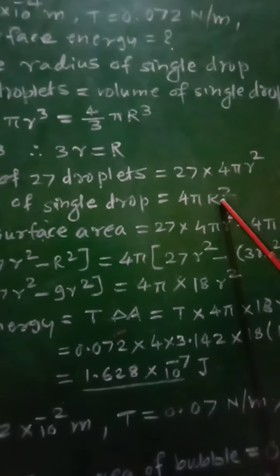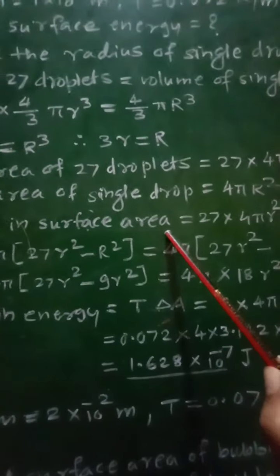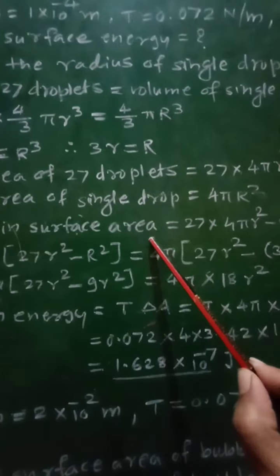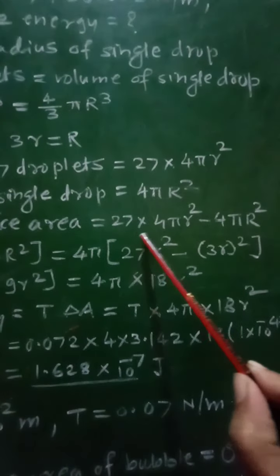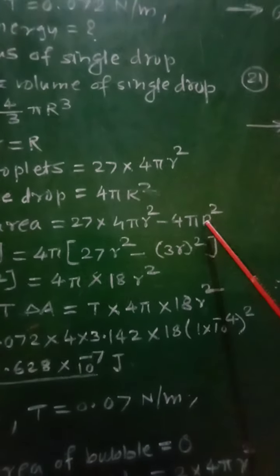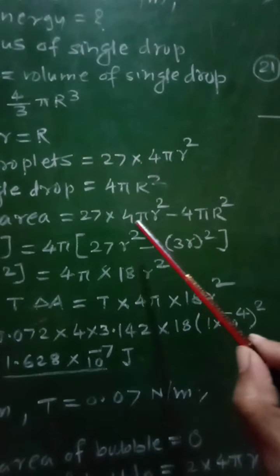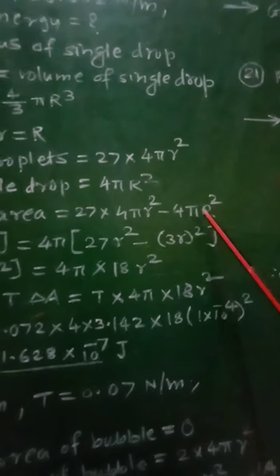Therefore, decrease in surface area will be given as surface area of the 27 droplets minus surface area of the single drop, that is 27 into 4 pi r square minus 4 pi R square.